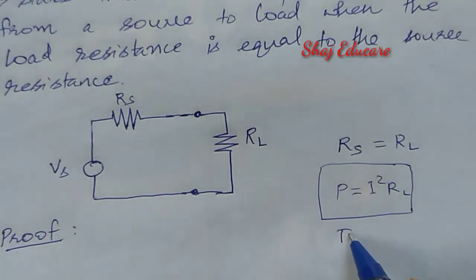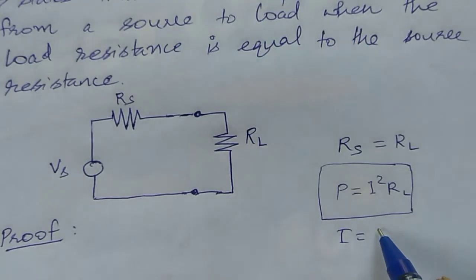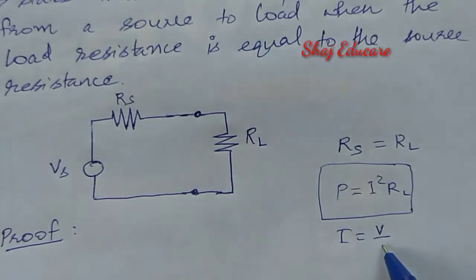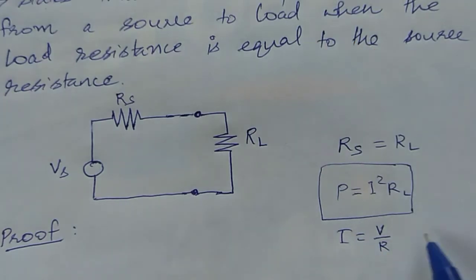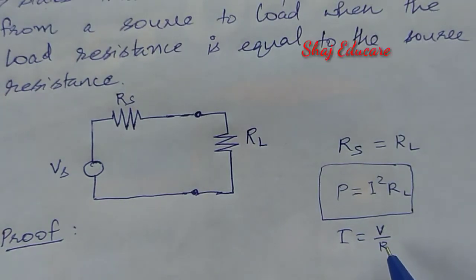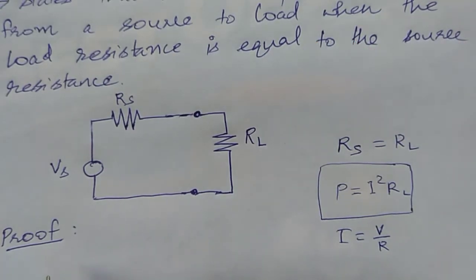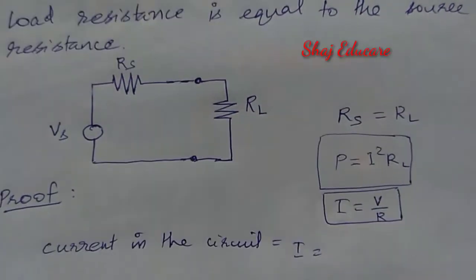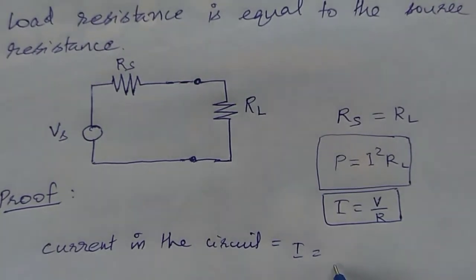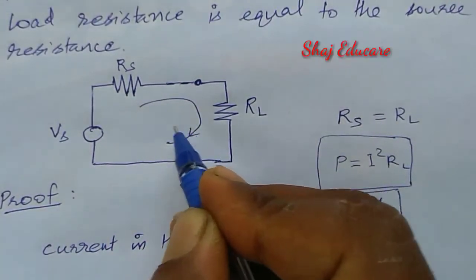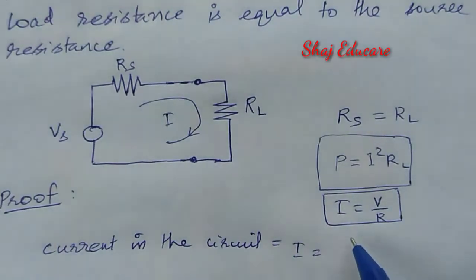All of you know that the basic equation for the current is equal to potential difference divided by the total resistance. So we are going to find the current in the circuit, I. Current is equal to potential difference.